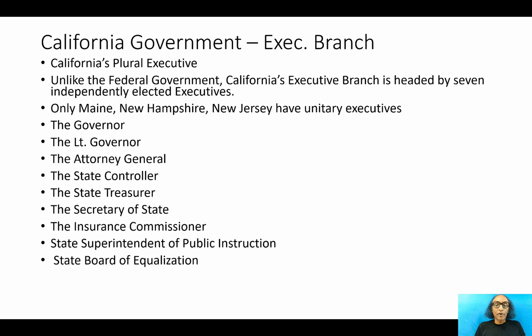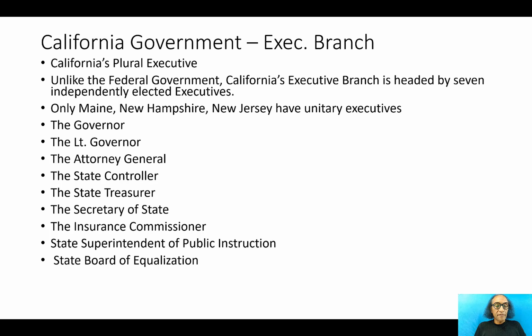In other words, they're not appointed by the governor, as would be the case with the U.S. president, but they run for these offices on their own. As a result, they are accountable directly to the voters and depend for their tenure in office on the will of the people, as well as the applicable constitutional provisions which they must discharge as part of that.